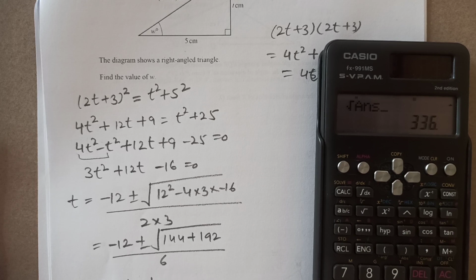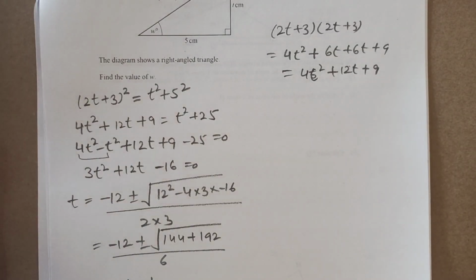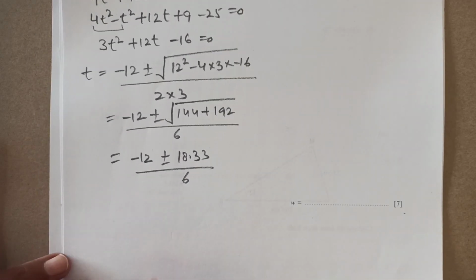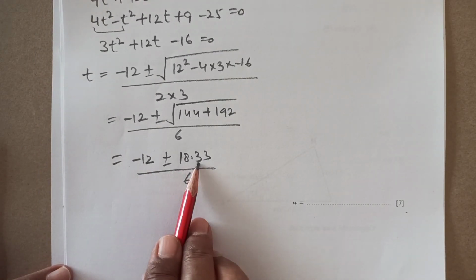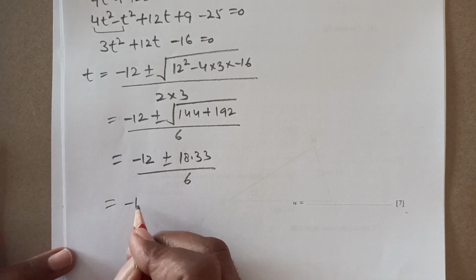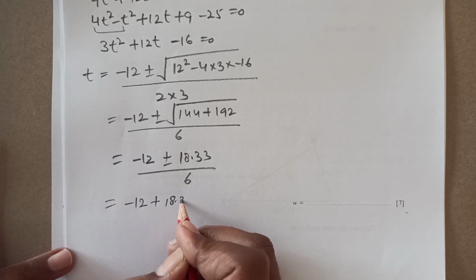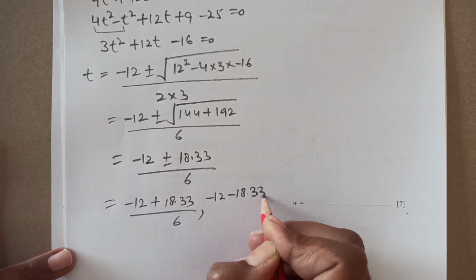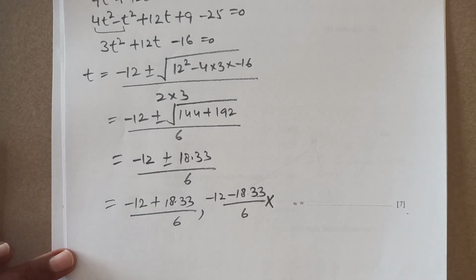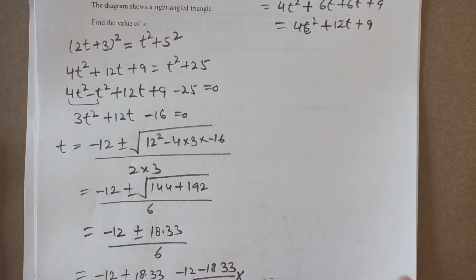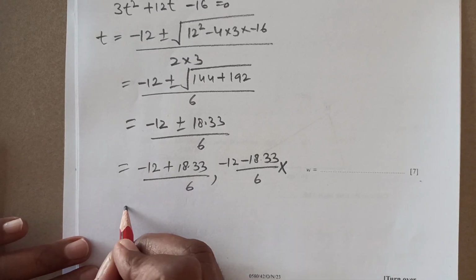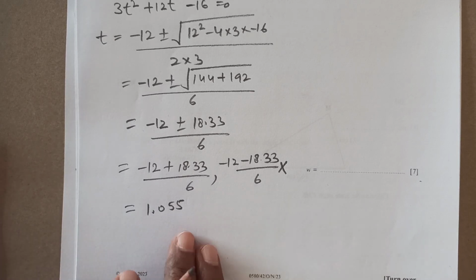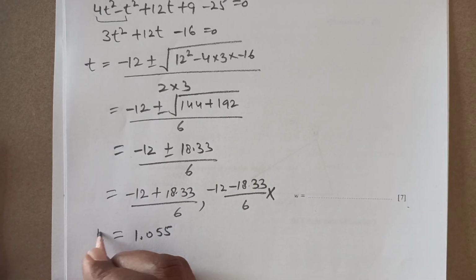The square root of the answer is 18.33. Now this is going to give you two values, one negative and another positive. The positive one is negative 12 plus 18.33 over 6, and the other is negative 12 minus 18.33 over 6. We are going to reject this one because length cannot be negative, right? So we will take this one. This comes out to be 1.055, right? So that's the value of t here.